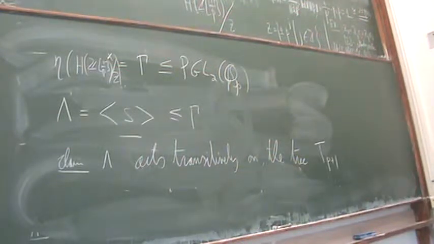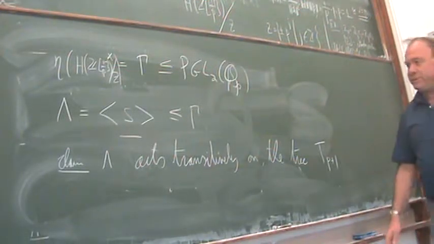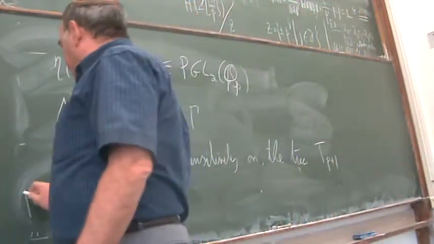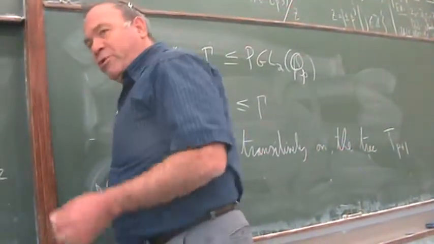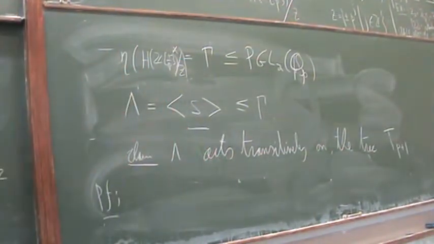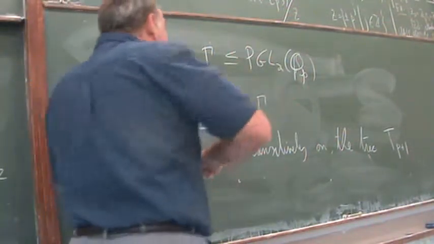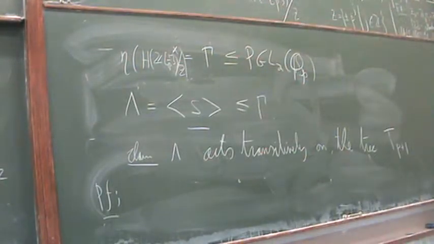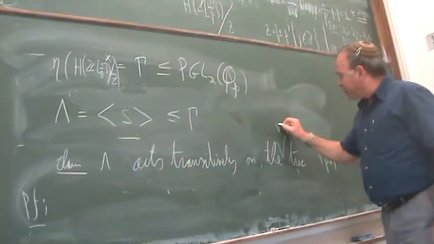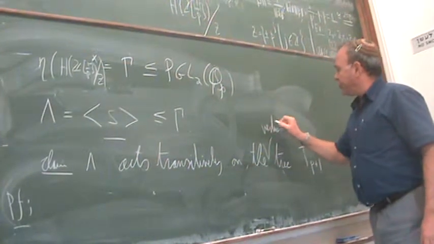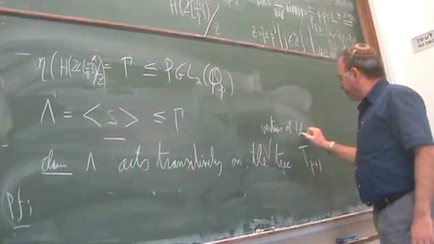Because this is an easy proof. That's something completely general. You have a group acting on a tree, and you have elements inside the group which take you to all the immediate neighbors. I claim that this already implies that you act transitively on the vertices, to be more precise, on the vertices of the tree.